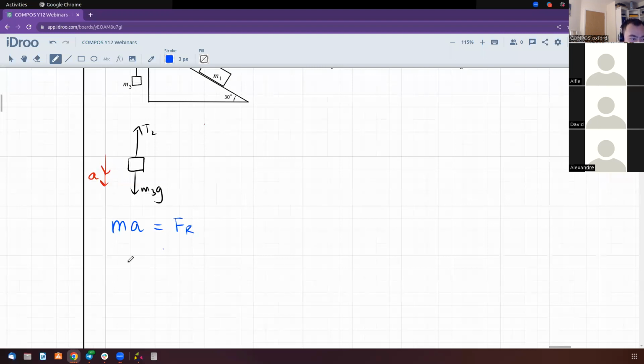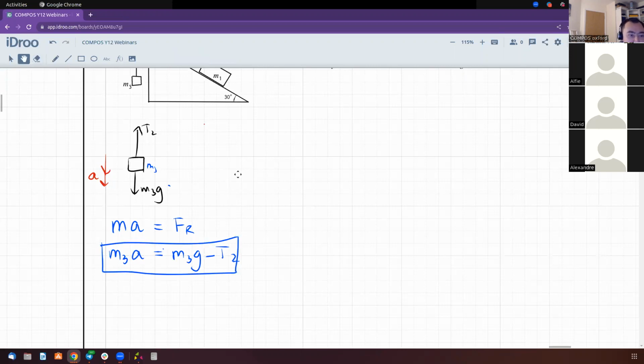So M3 times A is equal to the resultant force. The resultant is the forces in the same direction as acceleration minus the forces in the opposite direction. So M3G minus T2. And this is Newton's second law for the third mass.